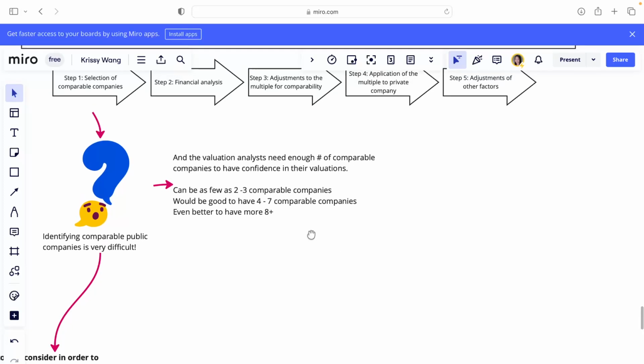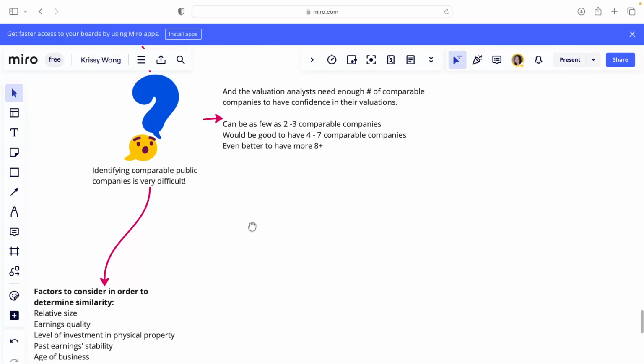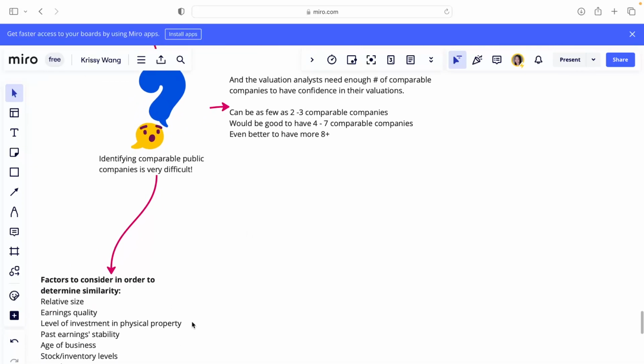So this is a high-level view of what makes valuation using the GPC approach difficult. Because there's a lot of subjectivity and professional judgment involved, you can argue for one thing and at the same time argue against it.